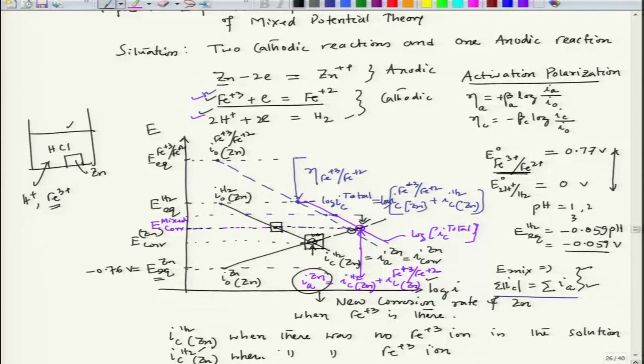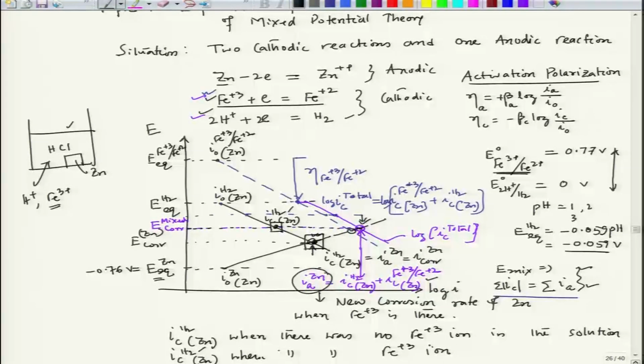So, this is I c hydrogen zinc prime. Now, what happens once we have this Fe plus 3? When it was pure, the hydrogen evolution rate on the zinc surface was indicated by this particular rate. Now, once we have added Fe plus 3, my hydrogen evolution rate on the zinc surface has reduced.